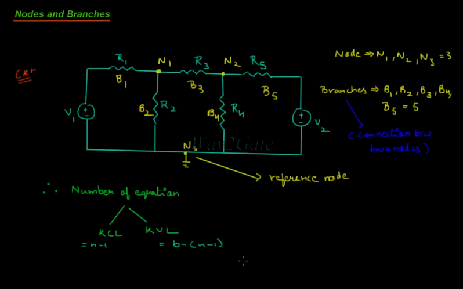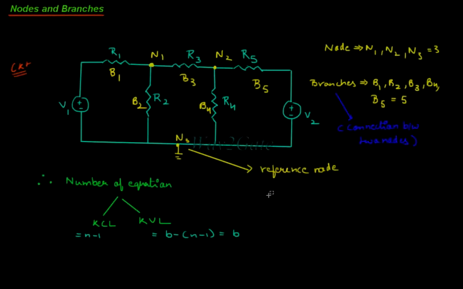That is, b minus the number of KCL equations, where small n is the total number of nodes in a circuit and small b is the total number of branches.